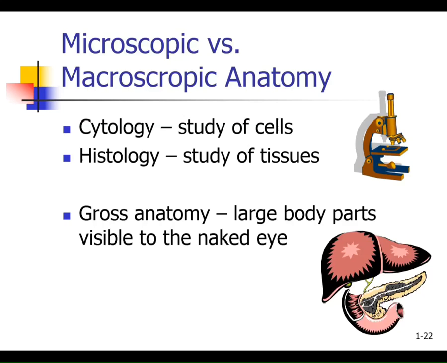Then histology is the study of tissues, and we'll spend all of Lab 3 looking at tissues. That all requires a microscope, so it's considered microanatomy or microscopic anatomy. If you're going to be using your naked eye, however, to look at body parts, that comes under macroscopic anatomy, and you might also refer to it as gross anatomy.